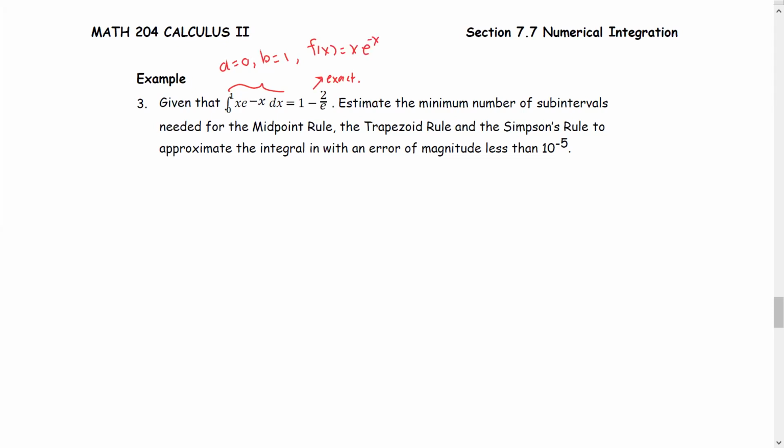We're going to estimate the minimum number of subintervals, or minimum n, for each method, the midpoint, trapezoid, and Simpson's, to approximate this integral with an error of magnitude less than 10 to the negative fifth.